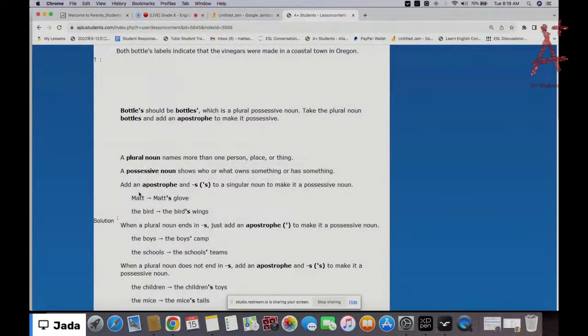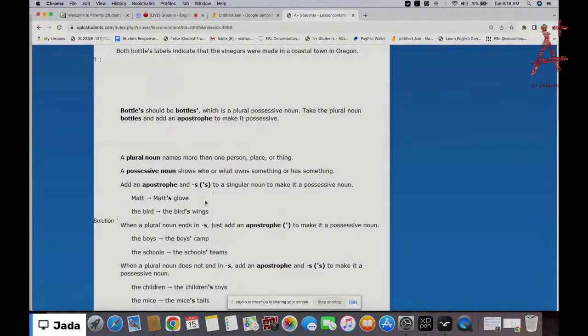And add an apostrophe and s to a singular noun to make it a possessive noun. So when you have a singular noun, to make it possessive, you need to add the apostrophe and the s.